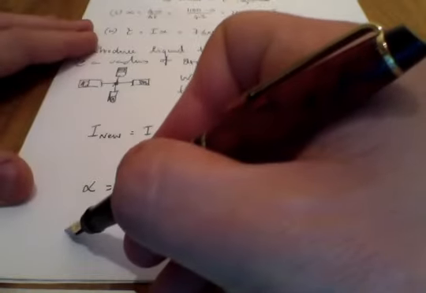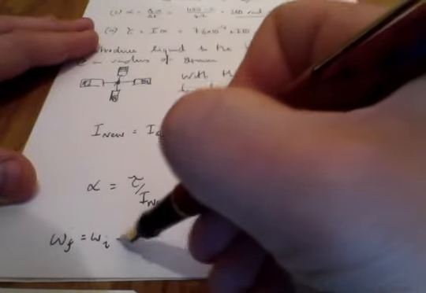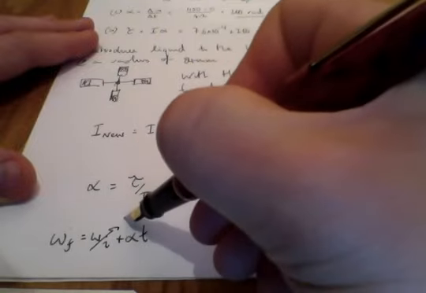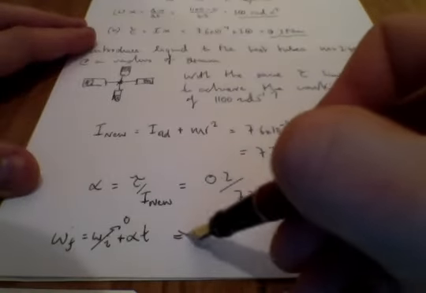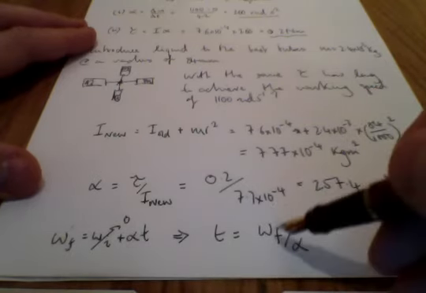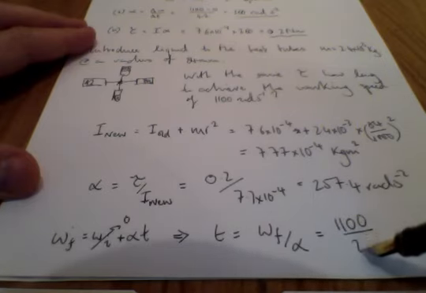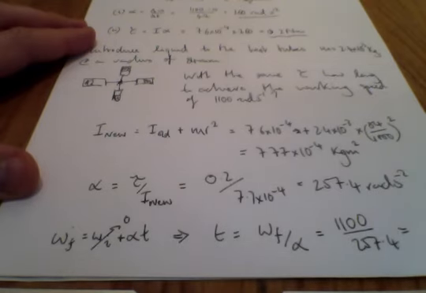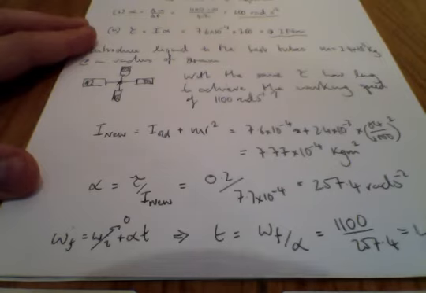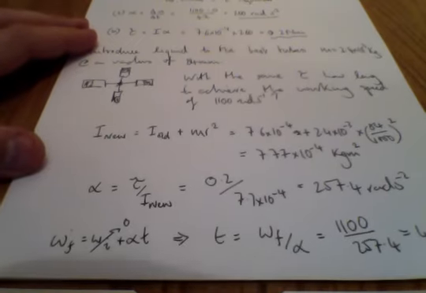Now, the time, well, let's write out the equation first. The final angular speed is the initial angular speed plus alpha t. You know this is 0 because it's starting from rest. Therefore, t is going to be the final angular speed divided by the angular acceleration, which is going to be 1100 divided by 257.4, gives us 4.3 seconds, which is not quite right.